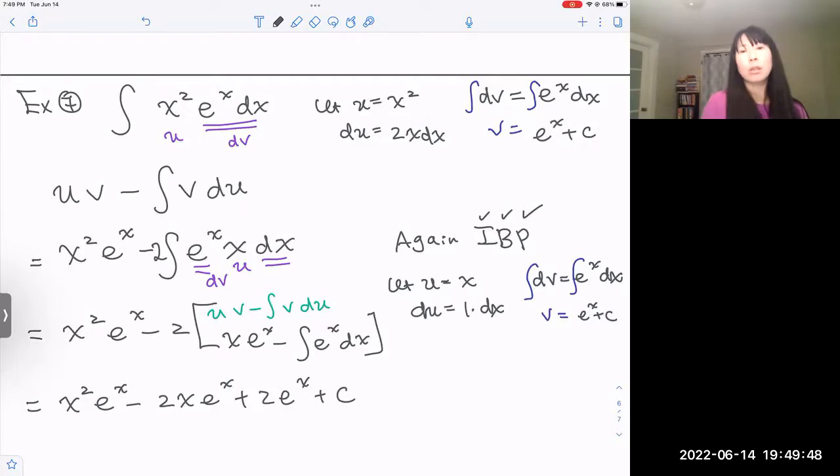But in what I'm doing right now, those are things we cannot use u substitution for. That's why we have to use integration by parts. That's a good question.